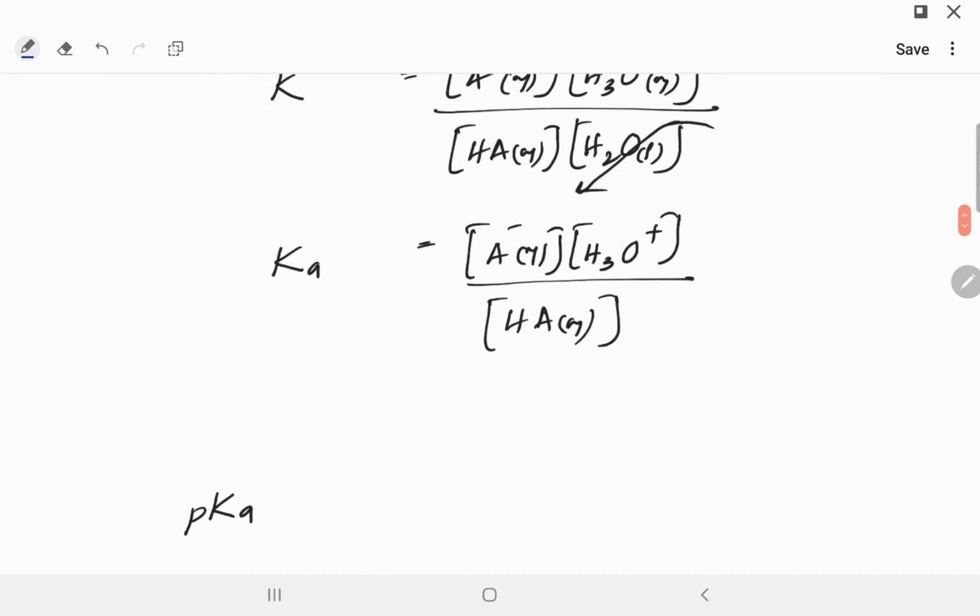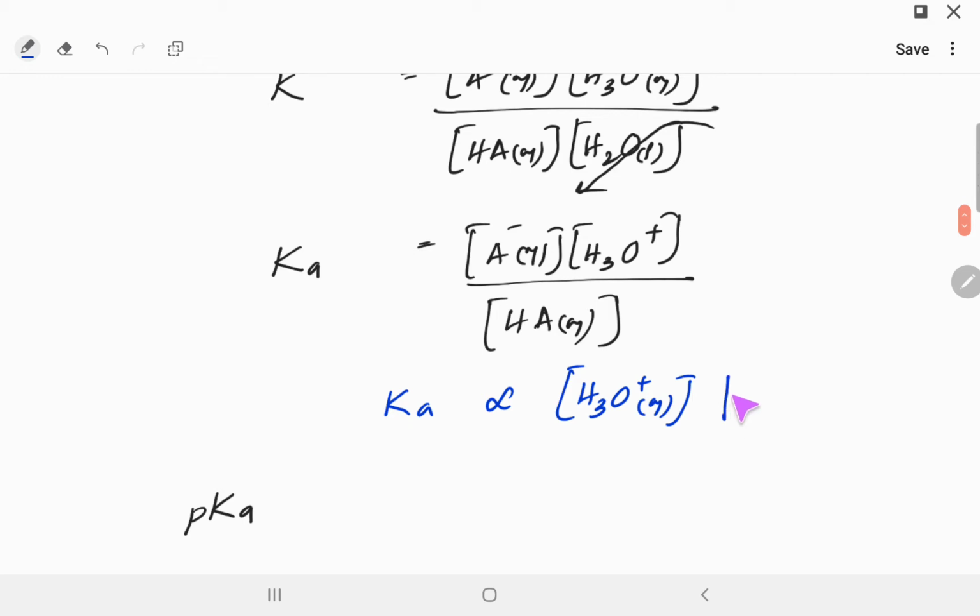As you can see in this equation, Ka is proportional to the H3O plus concentration, which means H plus is basically how many protons you have in water. If you have more protons, the mixture is acidic.